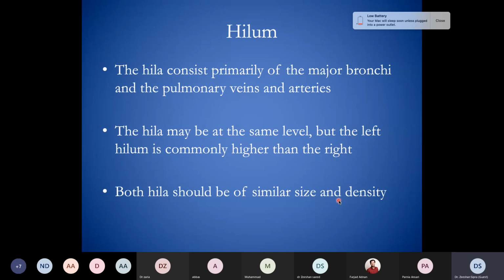I will be covering a few pathologies related to the lung, because the anatomy of the lungs is quite short. There's not much left to be covered regarding the anatomy. The hila are important for pathologists, so we'll include that in the evaluation of the lungs. I hope you agree, Dr. Zaman.